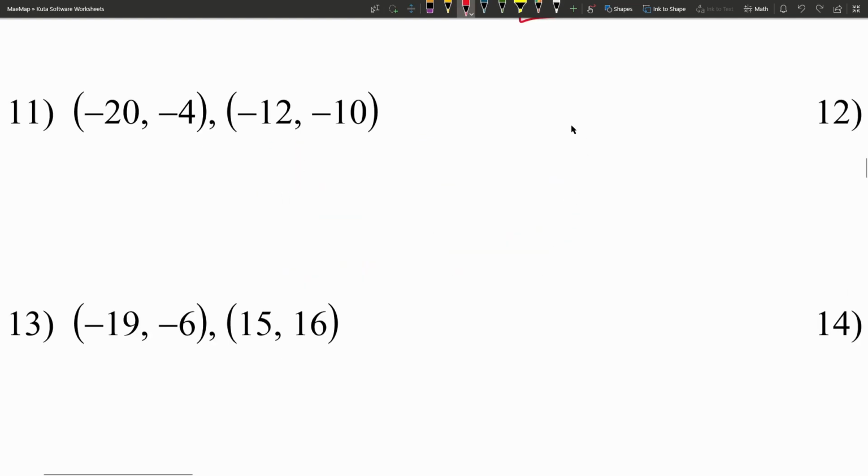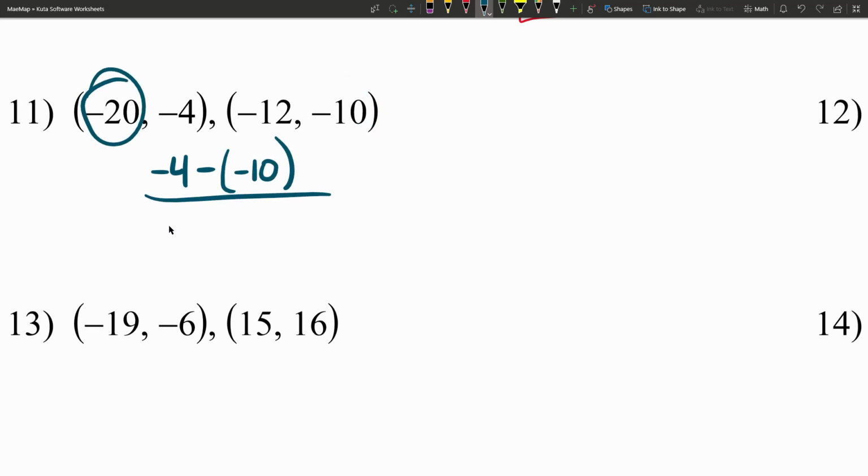For number 11, starting with this coordinate here, I'm going to have my y value of negative 4 and subtract my other y value of negative 10. Doing the same subtraction order, I'm going to start with my leftmost coordinate here of negative 20 and subtract my negative 12. And it is subtraction when we're doing this. We're finding the change, so the difference.